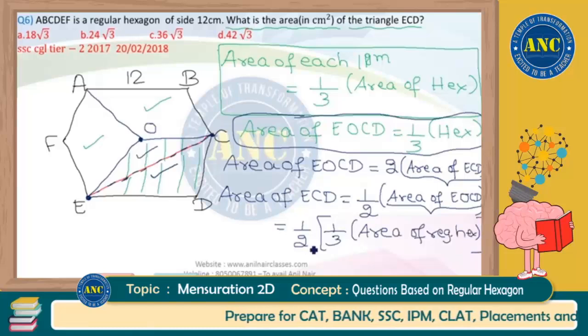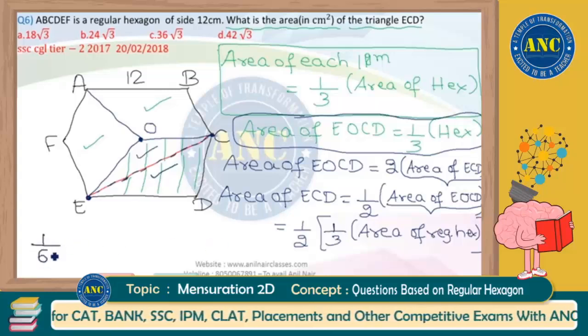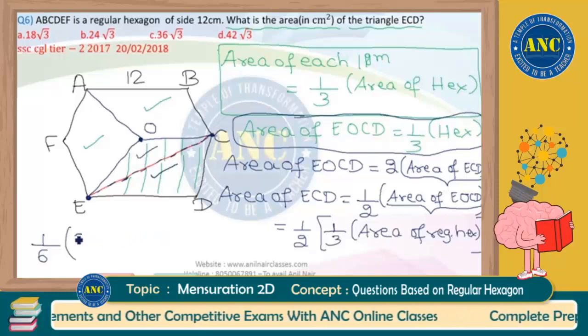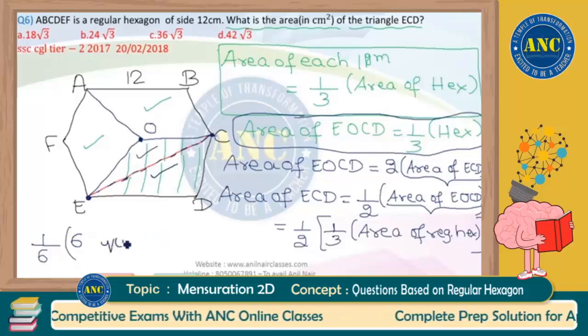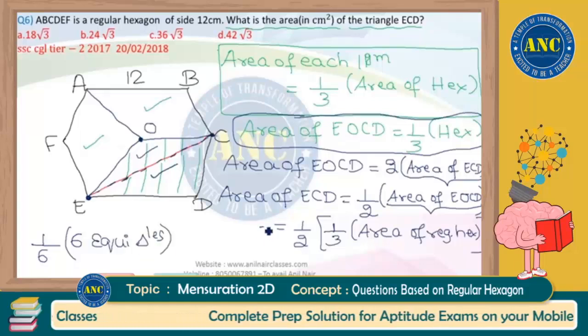1/2 into 1/3 is 1/6. So it is 1/6 of the area of the regular hexagon, which is 6 times the area of an equilateral triangle. Everything I am linking in this problem, sir. That is the beauty.